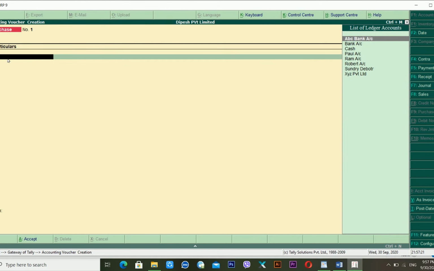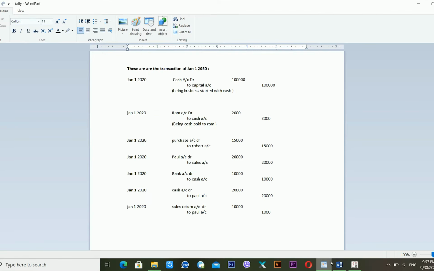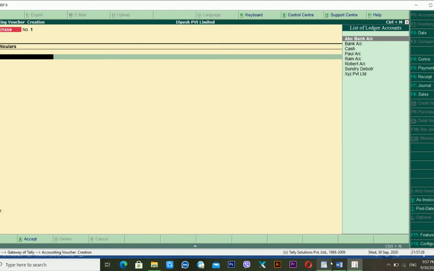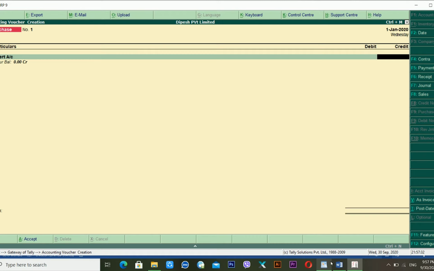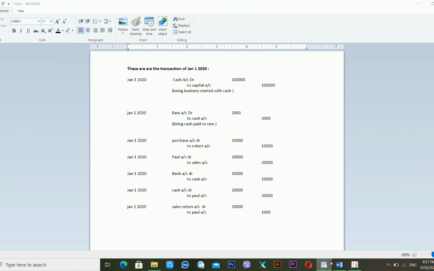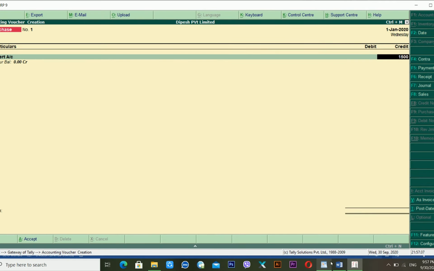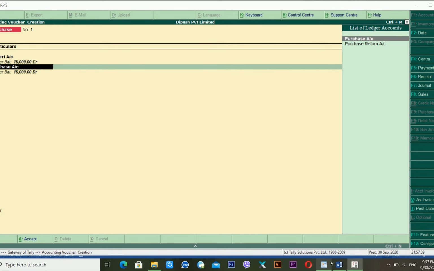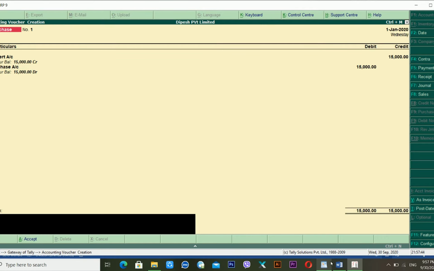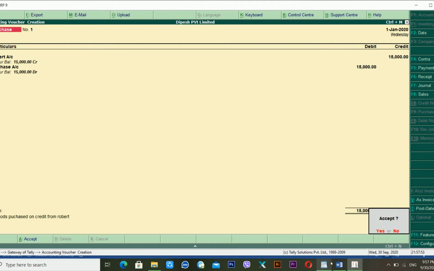In the CR, it means the Robot account. We have to choose the Robot account because we are purchasing goods from Robot. How much? Maybe 15,000. Yeah, 15,000. And in the DR, the purchase account, also 15,000. For the narration, goods purchased on credit from Robot, and press enter and save it.